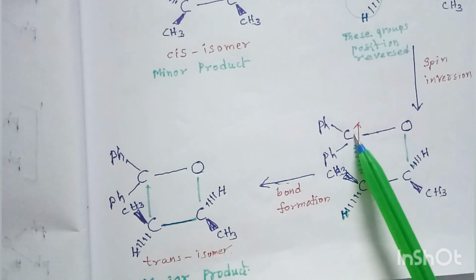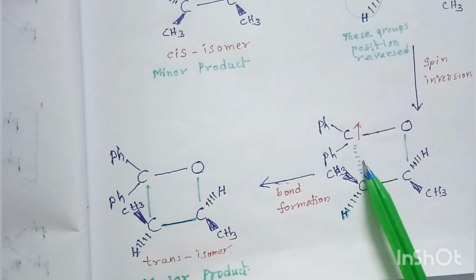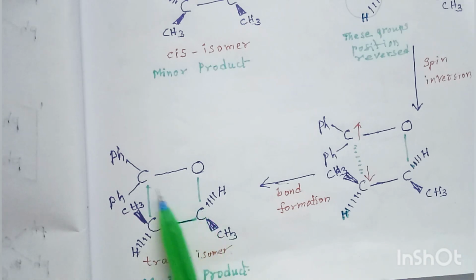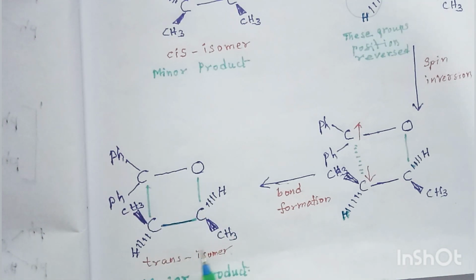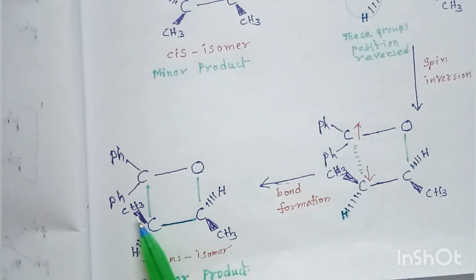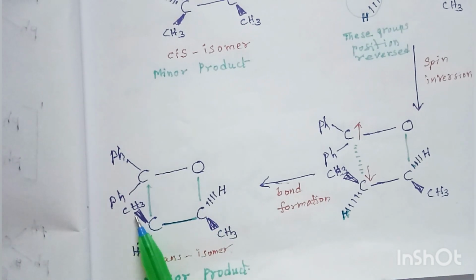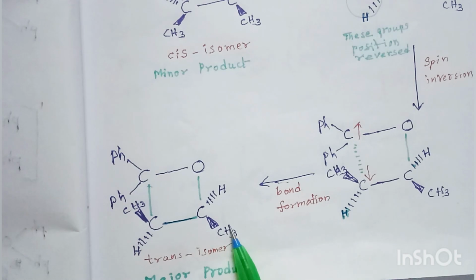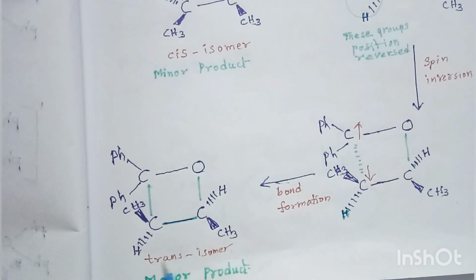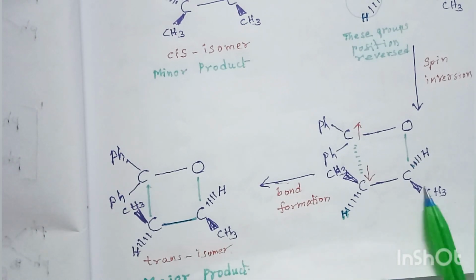Both these radicals form a bond, as a result of which we get the major product. Why major? Because CH3 is on the opposite side of this CH3. So this is the trans isomer, the major product.